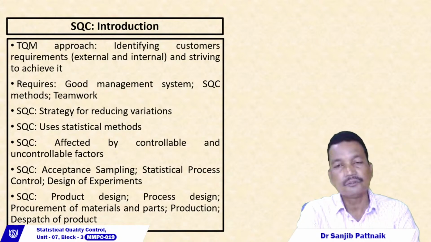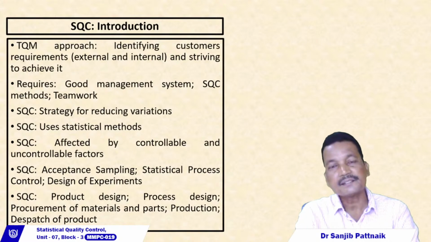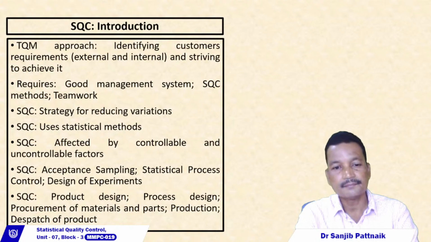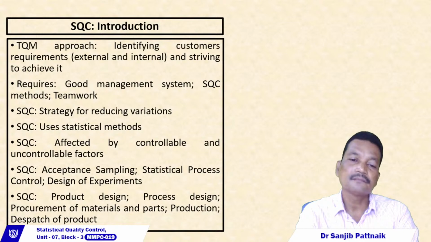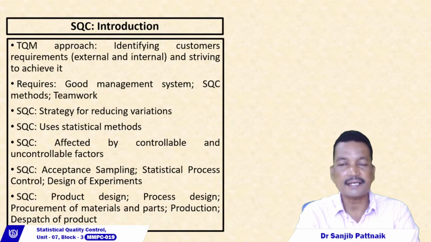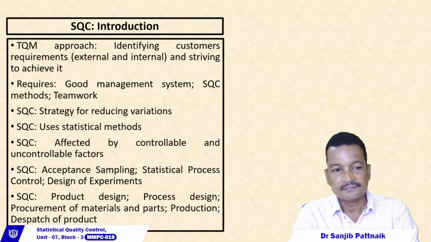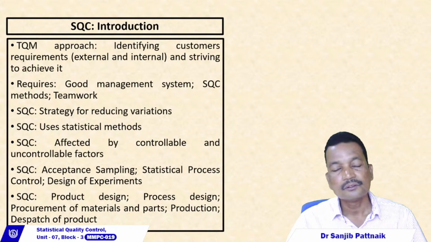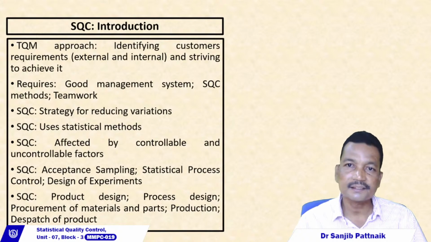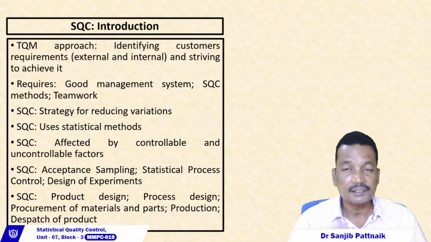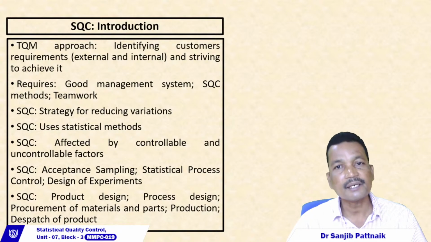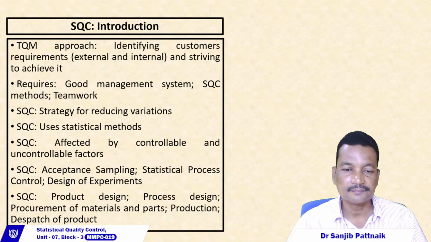Now, sometimes it is required that for all the items we have to check their characteristics. That means whether the process is producing the items as required by the product.